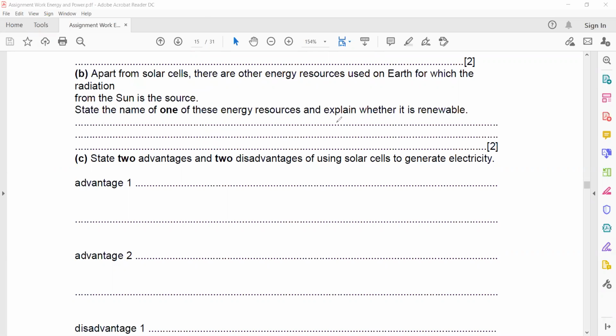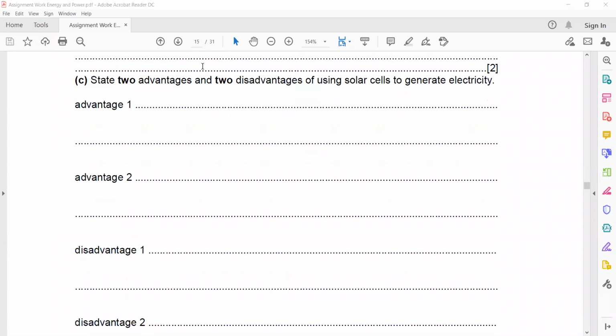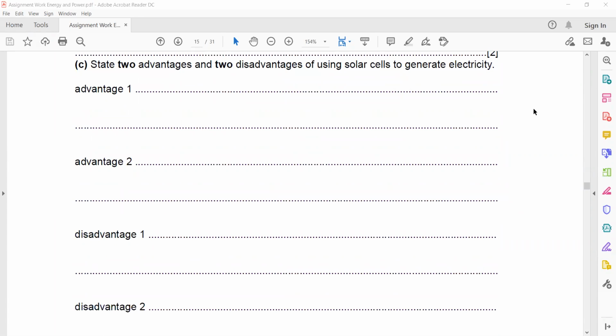Next, state two advantages and two disadvantages of using solar cells to generate electricity. What are the two advantages? First, two advantages.